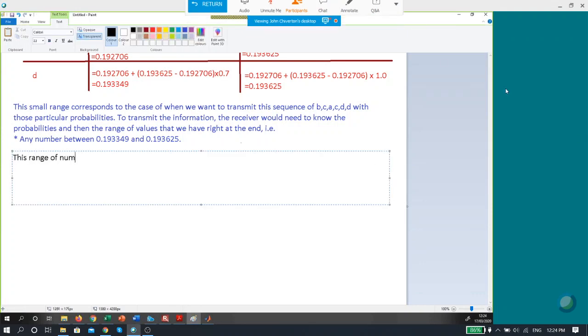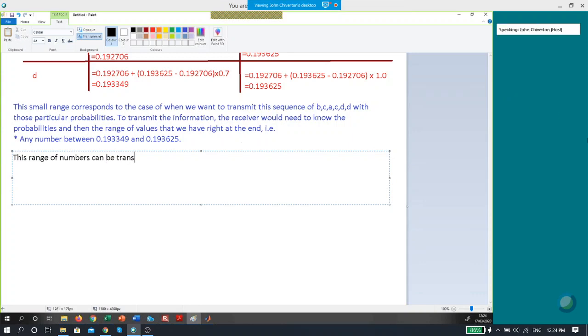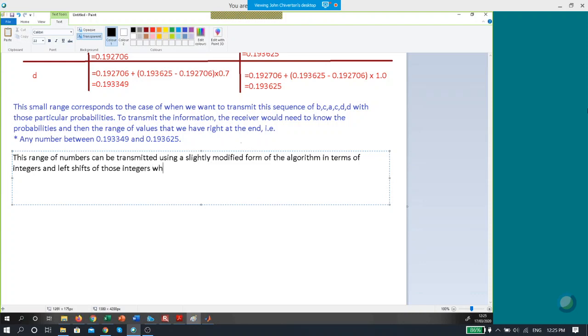This range of numbers can be transmitted using a slightly modified form of the algorithm in terms of integers and left shifts of those integers when the leftmost integer is the same for the current lower and upper values in the range.